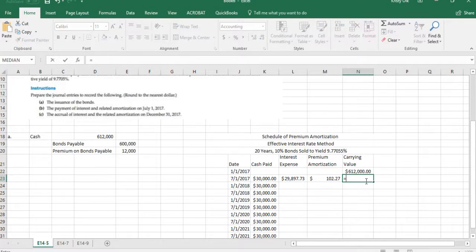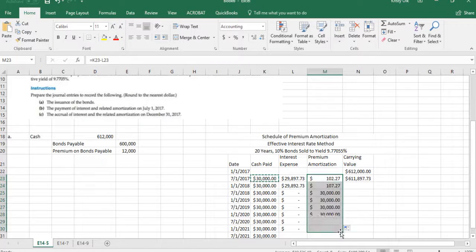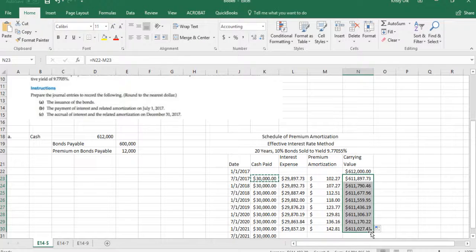Our new carrying value is the old carrying value minus the bond premium amortization. So your interest expense is a factor of the current carrying value multiplied by the effective interest rate at the point of the bond.